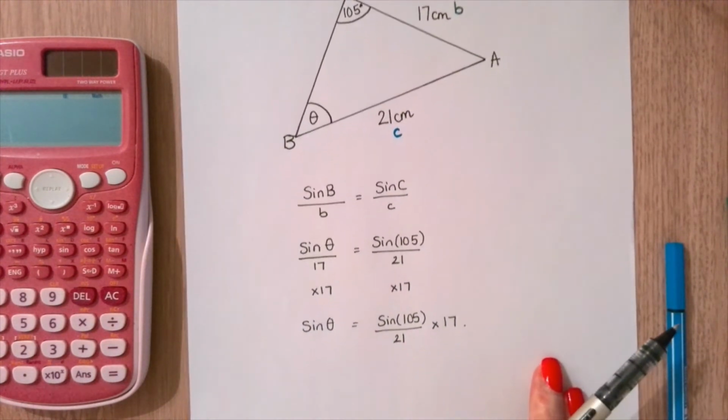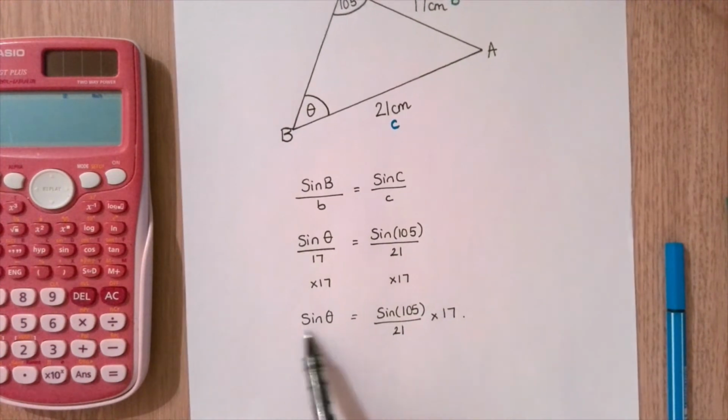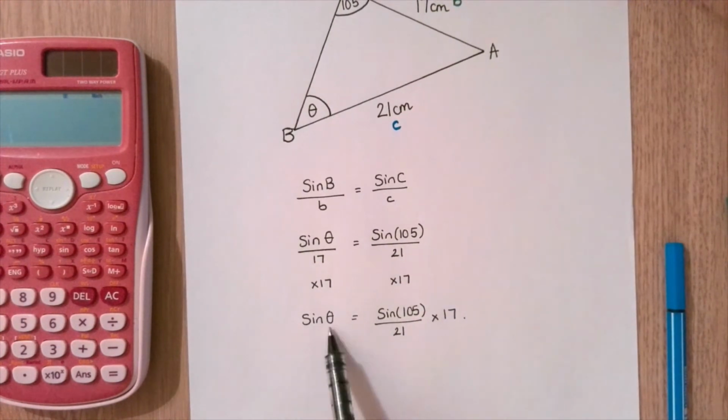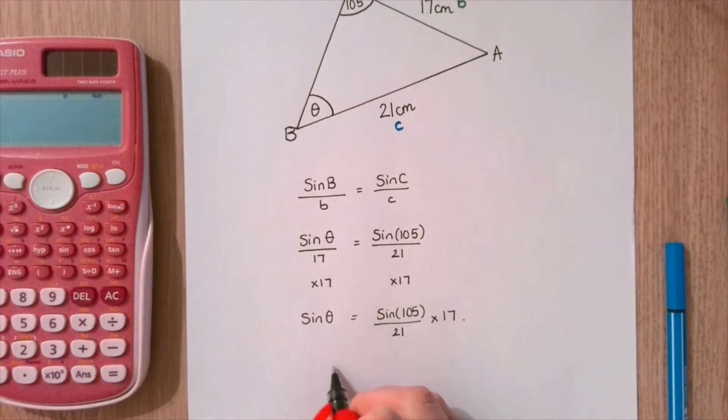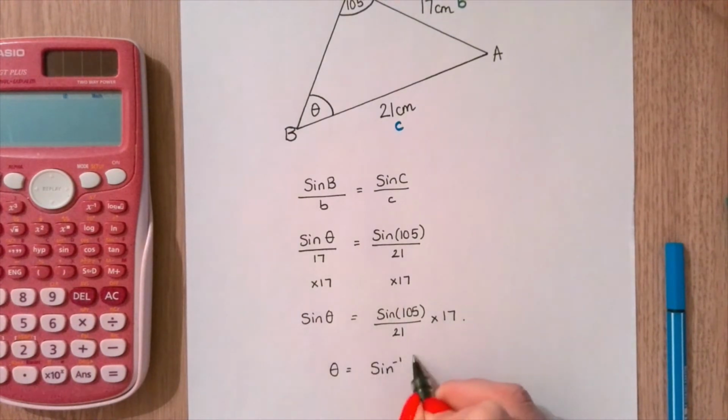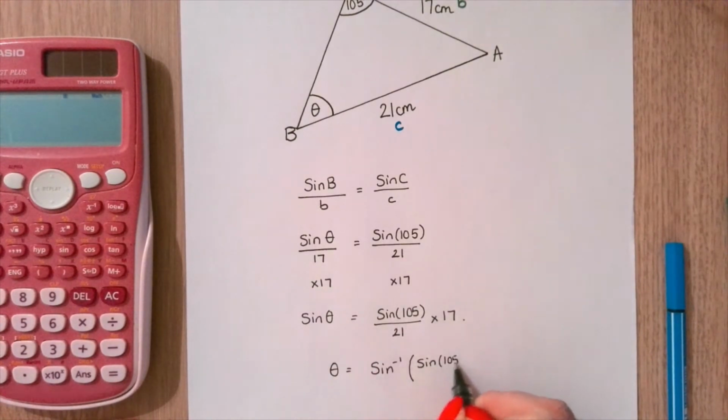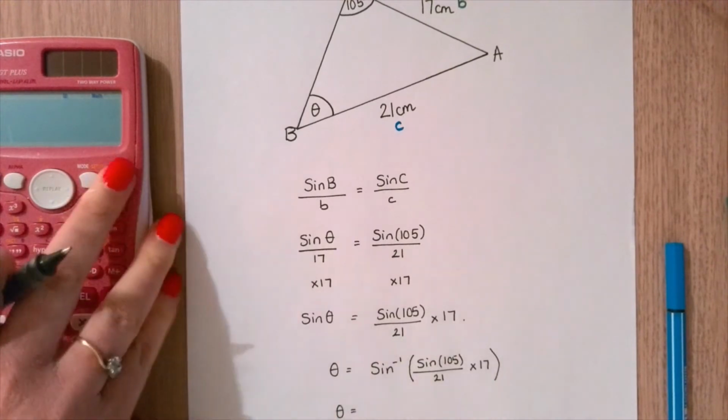So what I need to do is get rid of the sine function from my theta, and to do this I need to inverse sine both sides. Therefore, I write theta is equal to inverse sine of sine of 105 over 21 multiplied by 17.